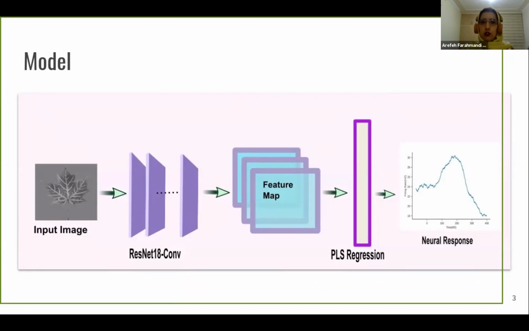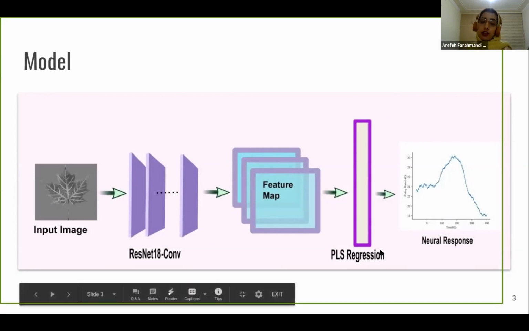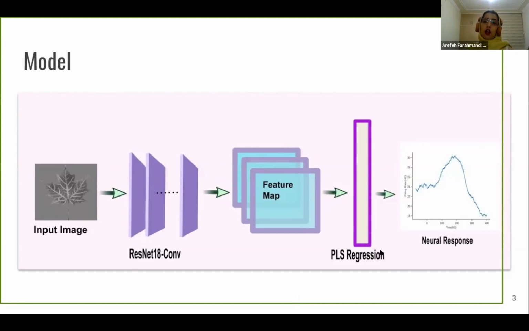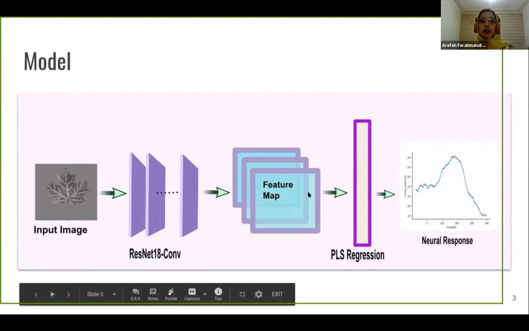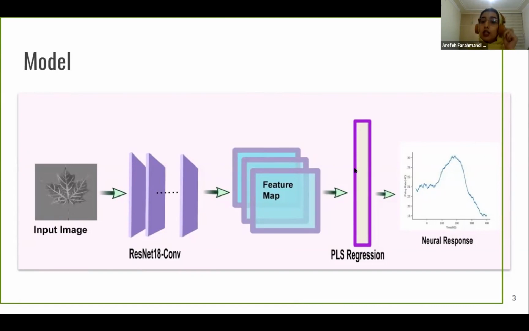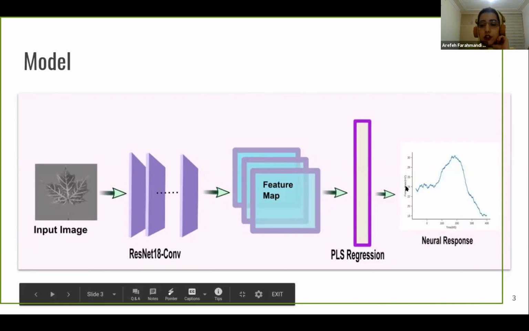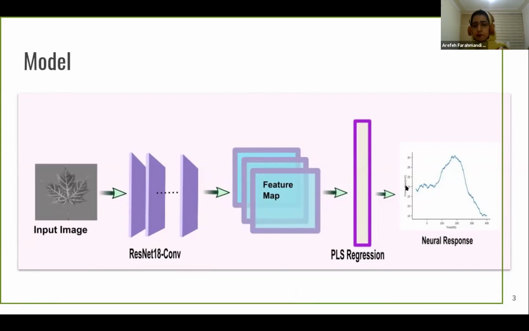It is a combination of convolution layers to extract the feature vector of those images for us. And in the second phase, we use partial least squares regression, which uses those feature vectors of our images and is trained on our real neural response. And after that, it can produce our artificial neural response.